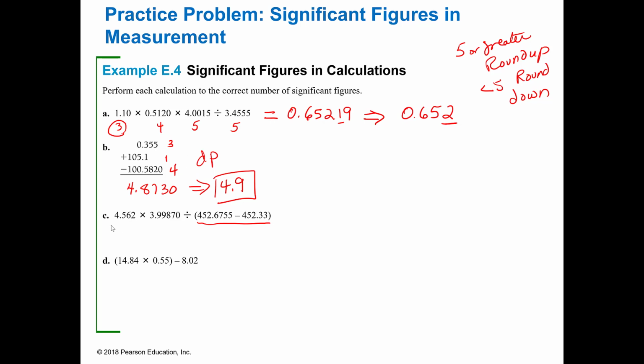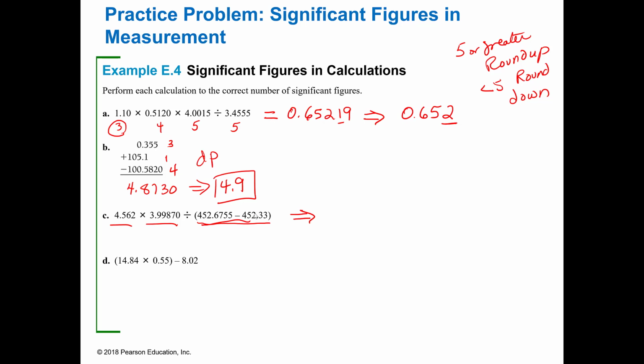And then you're going to say 4.562 times 3.99870 divided by whatever this number was. Divided by that number. Now when you've got adding and subtracting and multiplying or dividing mixed, you've got to keep up with what you would get.